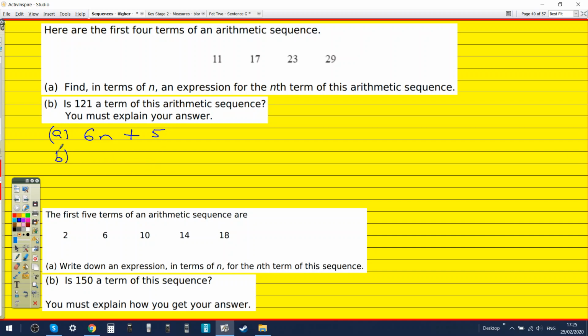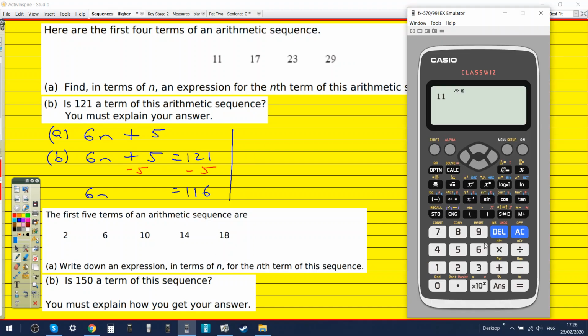And then B. So then you do 121 minus 5, which is 116, and then divide by 6, which is a calculator question. 19 point something.